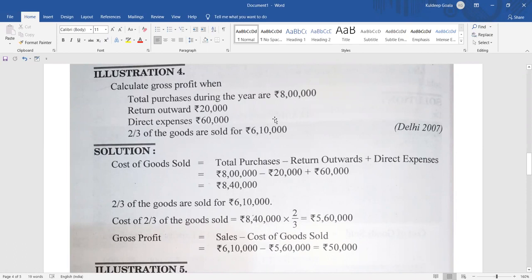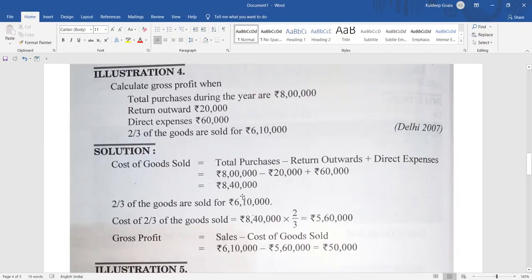Don't panic about that, no problem. Since there is no closing stock, we will go with the formula: cost of goods sold is opening stock plus purchase plus direct expenses minus closing stock. We don't have any opening stock, so ignore it. Closing stock is also not there, so ignore that also.